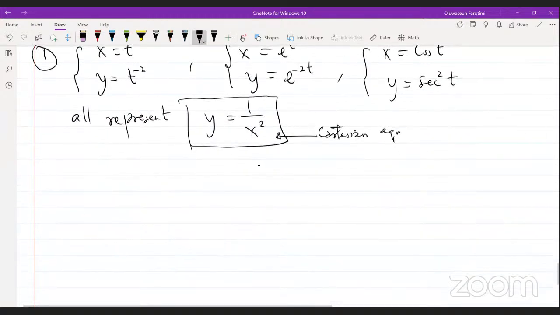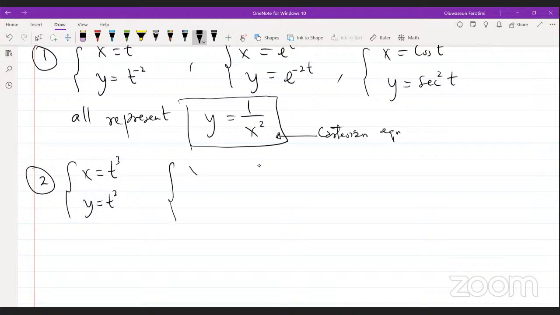Okay. Let me give you another set, guys. There are a bunch of those sets that are unique in those ways. We have these guys. This is another set. T to the 6th power, then y equals t to the 4th power.